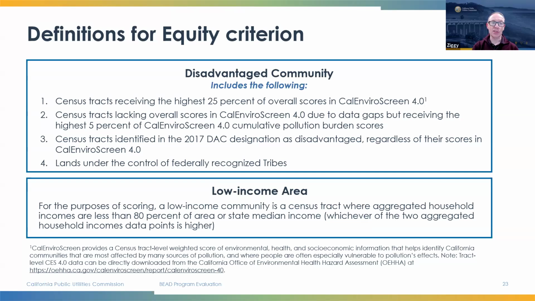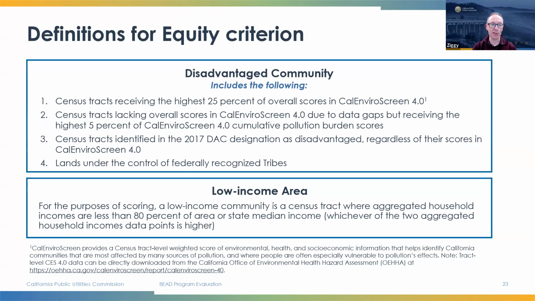And the census tracts lacking in that score, but receiving the highest 5% cumulative pollution burden scores. Finally, census tracts identified in the 2017 DAC designation as disadvantaged, and lands under the control of federally recognized tribes. And then those are the disadvantaged community areas.